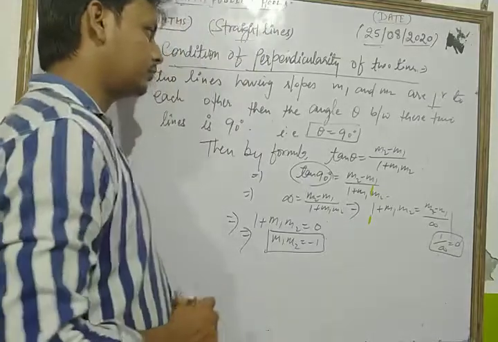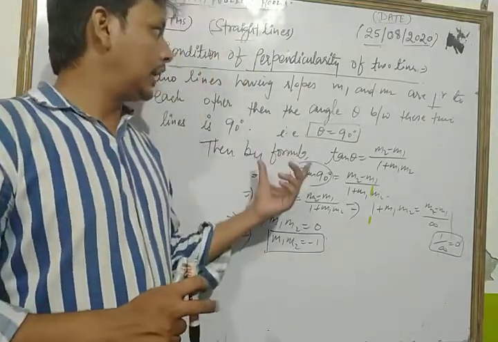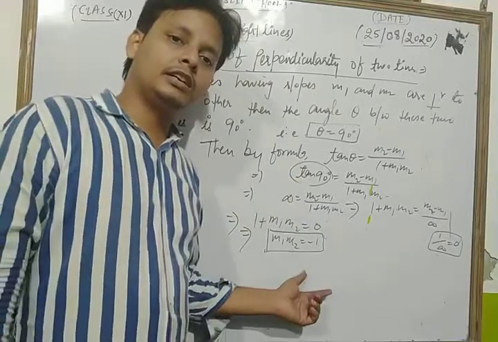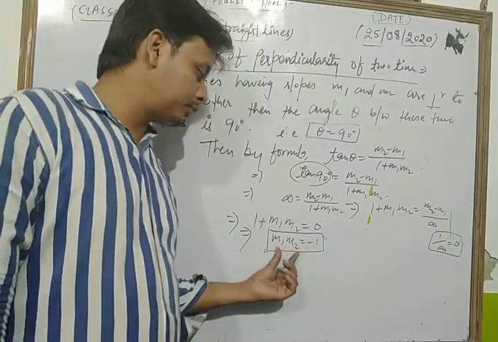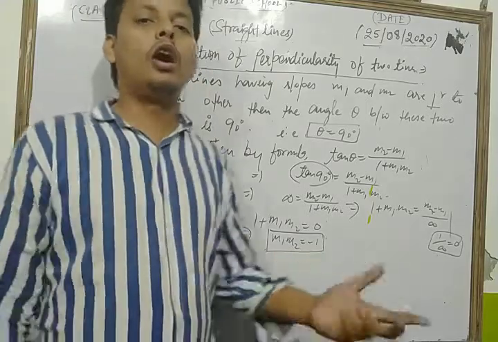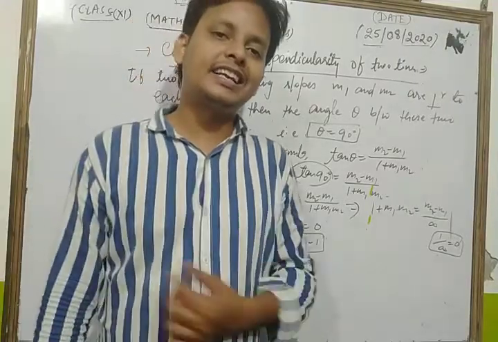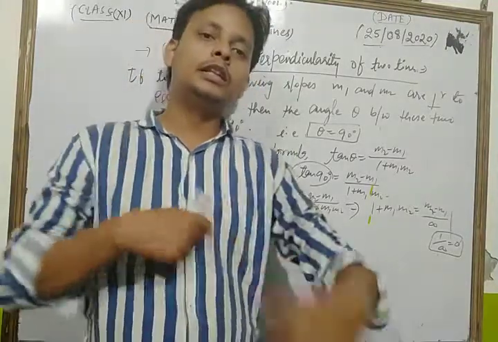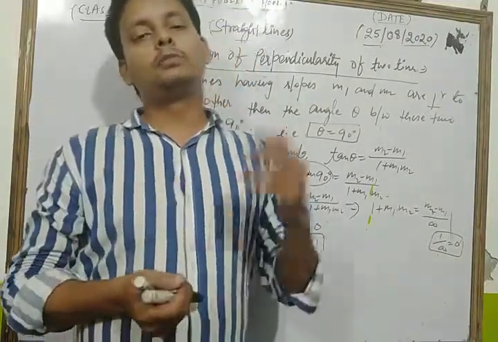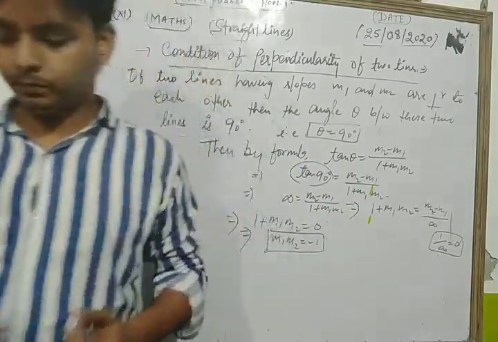So dear students, if two lines are perpendicular to each other, then the product of their slopes must be equal to minus 1. Or we can say that if the product of slopes of two lines is equal to minus 1, in that condition both lines are perpendicular to each other.